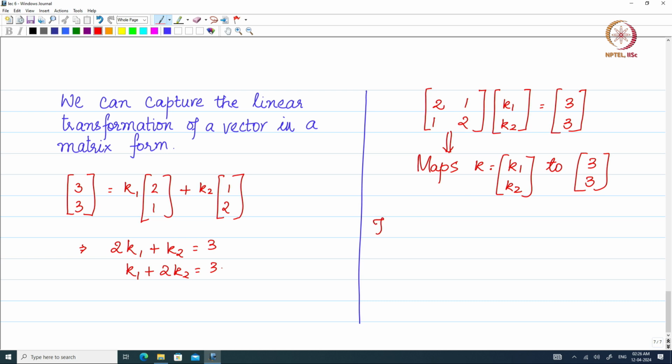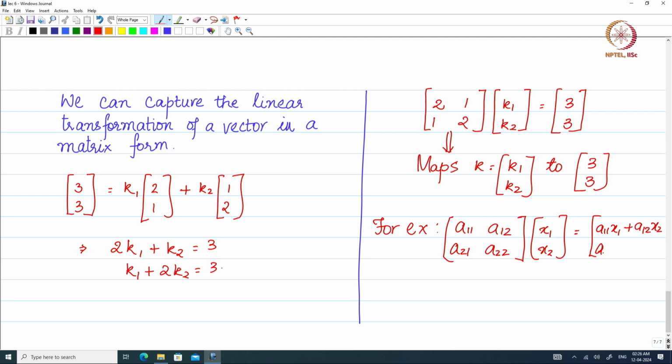For example, if we have A11, A12, A21, A22 times, let us say, the vector x which is given by x1, x2, we are going to get another vector which is A11 x1 plus A12 x2 and A21 x1 plus A22 x2, yeah.